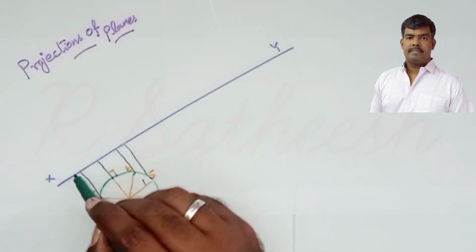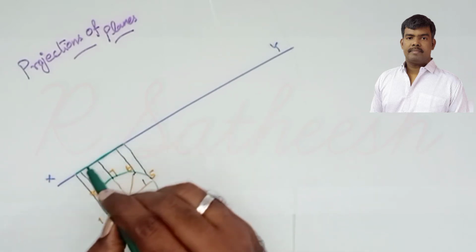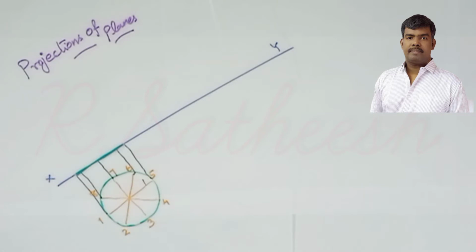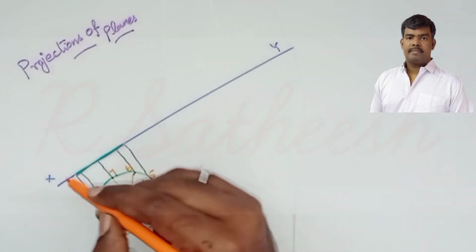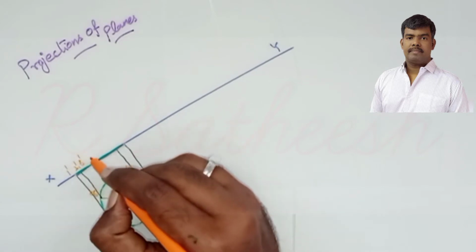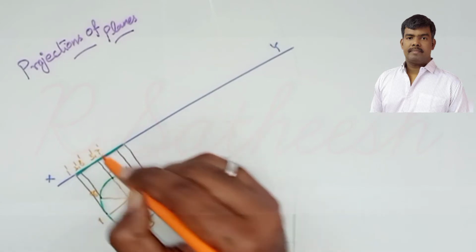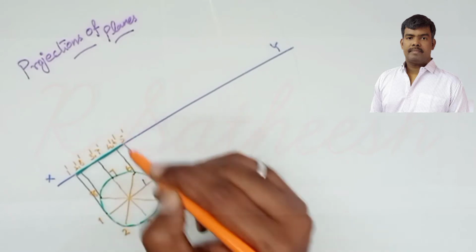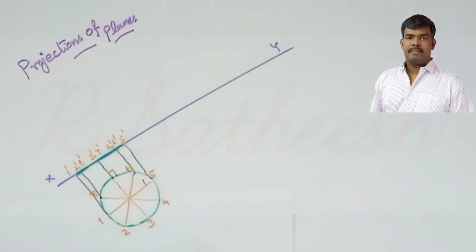Now in the front view, because the plane completely lies on HP, the front view completely lies on XY. Clear? So now this is 1 dash, 2 dash, 8 dash, 3 dash and 7 dash, 4 dash and 6 dash and 5 dash. Clear? Right.